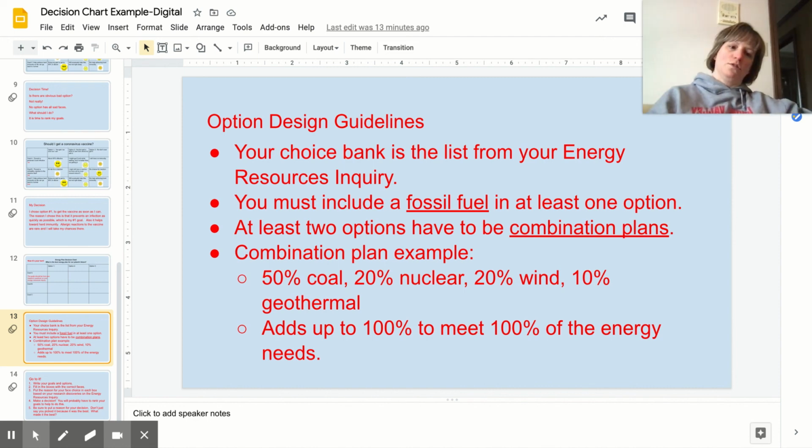So the other 2 options would have to be a combination of at least 2 things. And so remember, the combination plan options have to add up to 100% each. So you can't do, like, option one, 50% nuclear, option two, 25% coal, option three, 25% wind. None of those are a complete option. Each option has to add to 100%.